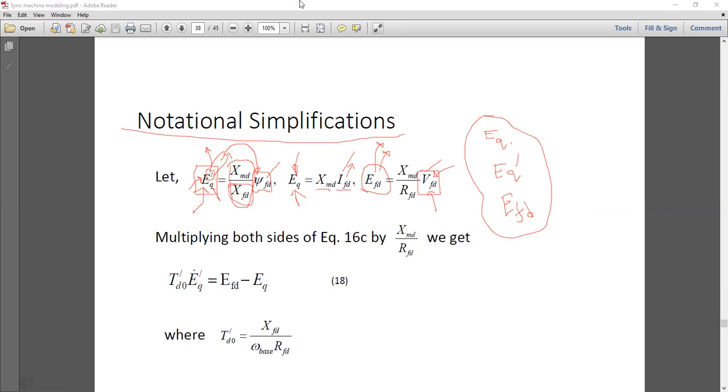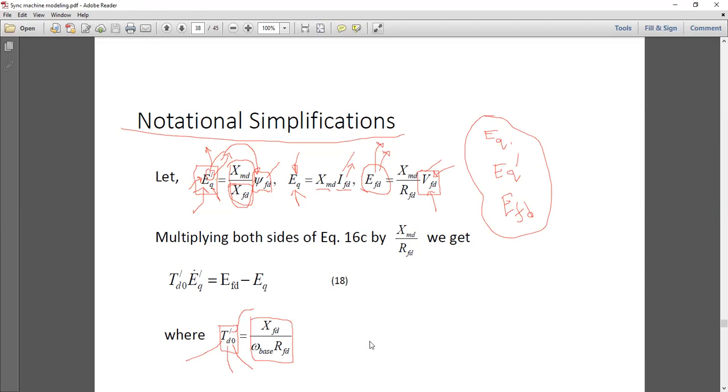TDO dash has a name, of course. T means it is a time constant, D means the D axis, O means the open circuit, and the dash means the transient period. So it is the D axis open circuit transient time constant, and that is this.